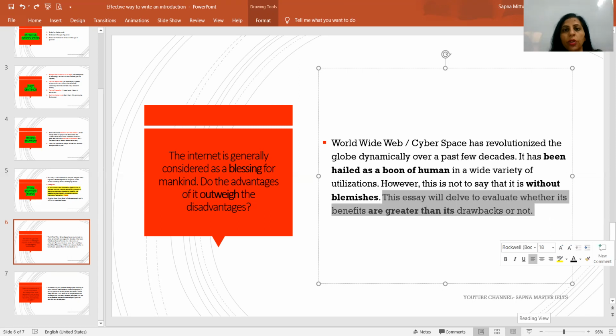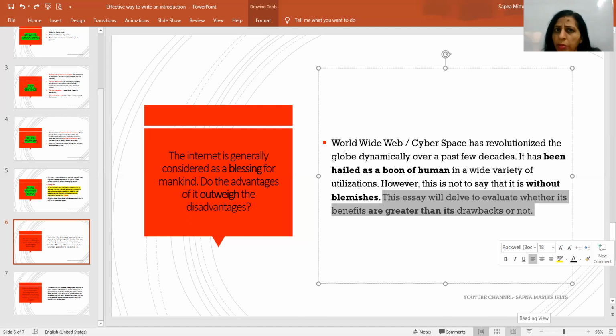So in this way, you have given all three sentences in serial order, and the examiner will come to know that you have already understood the question and now you are going to write in a serial manner, right? So it is easy.